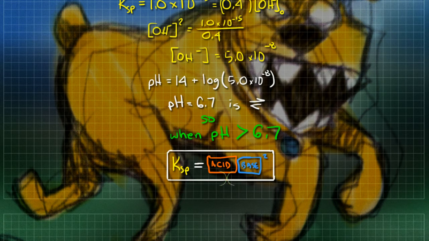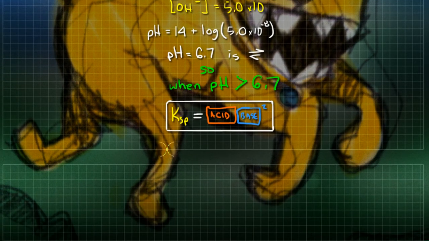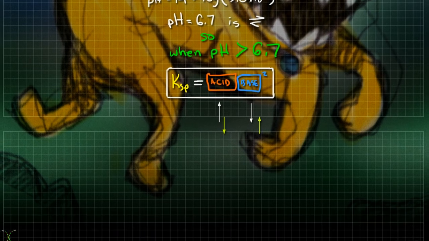If I were to go up in acid and go down in base, then what do you expect to see? You expect to see the pH go down, because there's more acid than base. Likewise, if I were to go down in acid and increase in base, then I would see the pH go up.